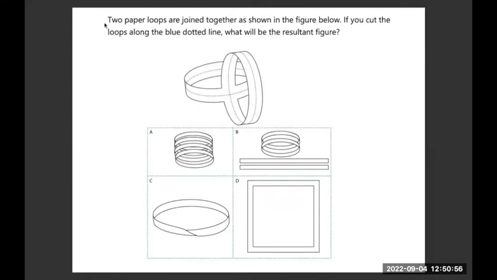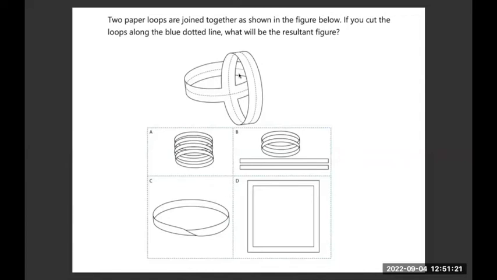So you are given these kinds of paper loops. The blue colored part that you see is where the loop is cut, along the blue dotted line. You see that, right? When you unfold it, what will be formed? What will you get?